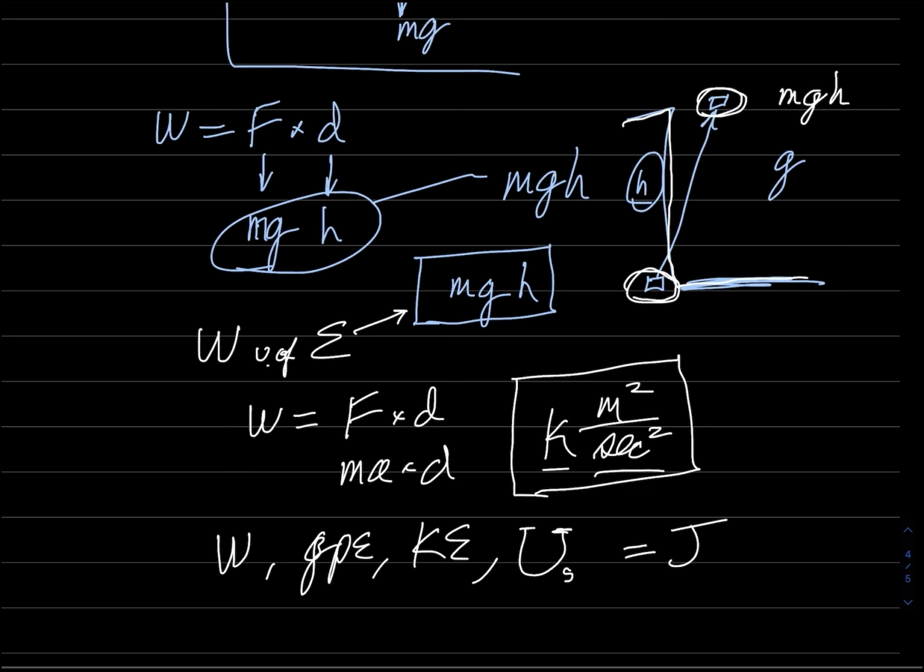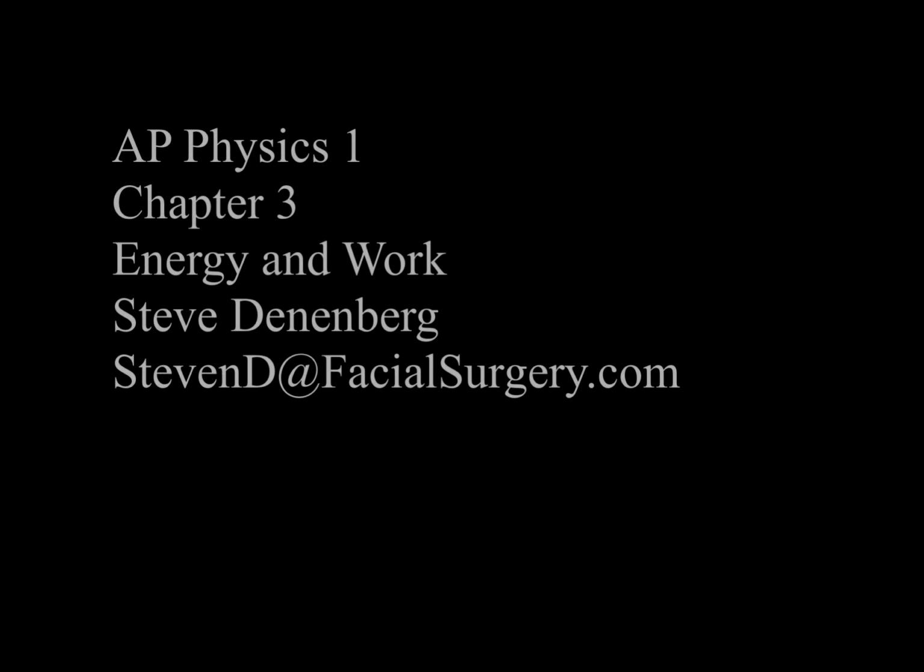The work that is done on an object or a system adds to the total mechanical energy of the system. That's what we did here. We did work on the mass and we added to the total mechanical energy of the system, because the gravitational potential energy is part of that total mechanical energy. In the next video, we will continue our discussion of work and energy.